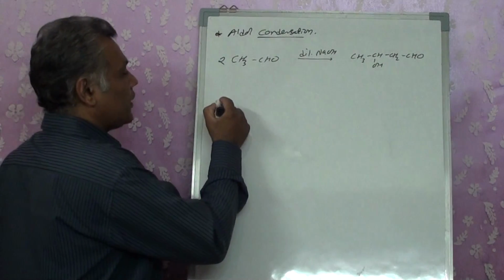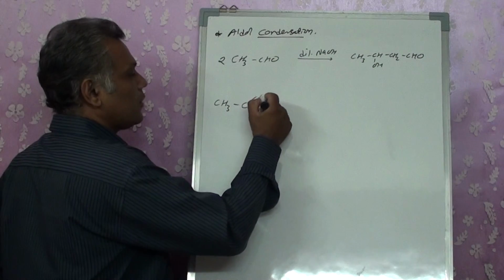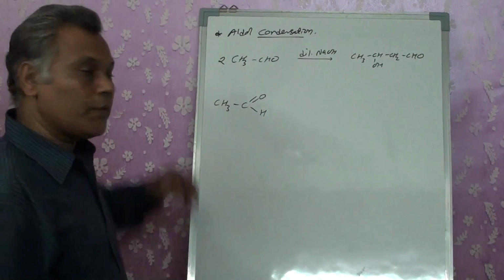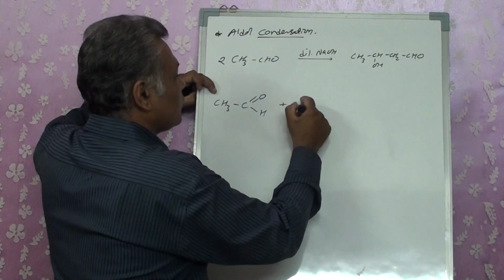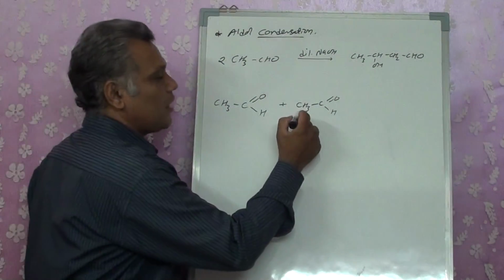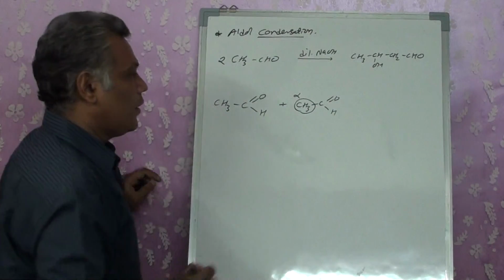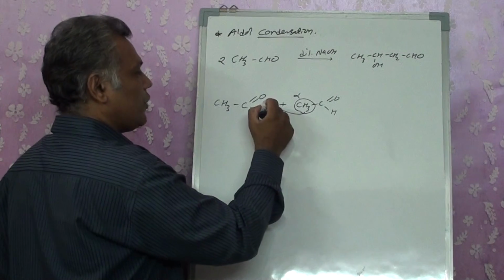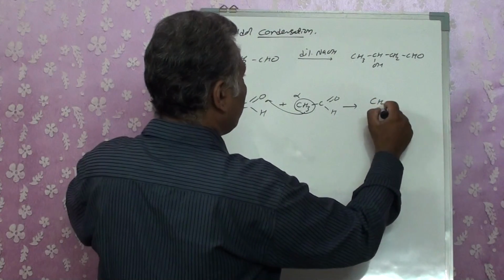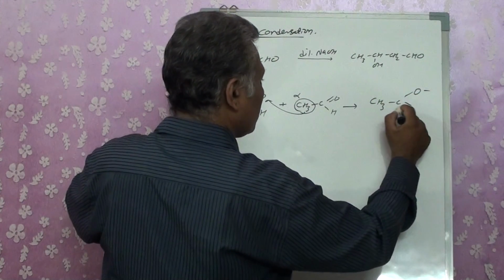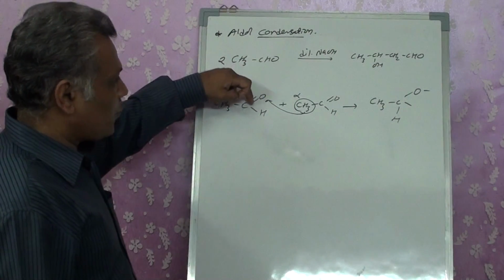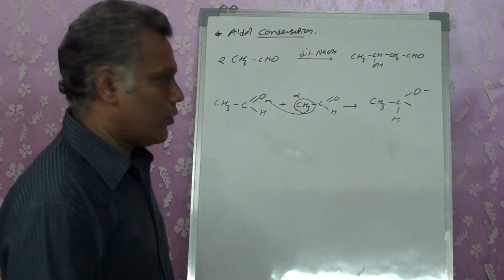I just wrote it because I know how this reaction proceeds. First, we will understand its reaction mechanism. We have 1 mole of CH3C double bond O H, and the same way we have taken 2 moles, another C double bond O and H. This is an alpha hydrogen containing compound. It loses one hydrogen to the oxygen, and the compound gets converted into CH3C single bond O, with this valence free. Out of the double bond, one is broken and converted into a single bond.